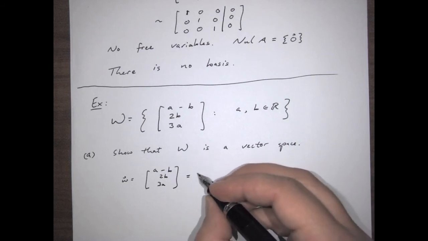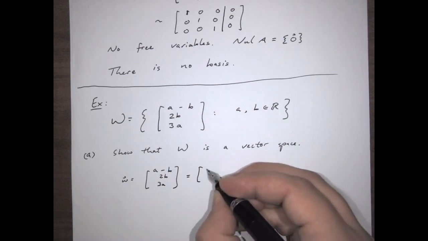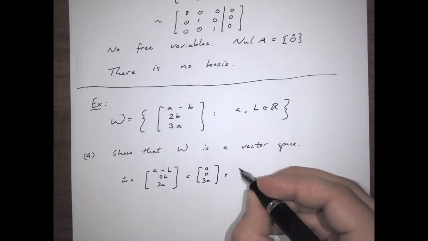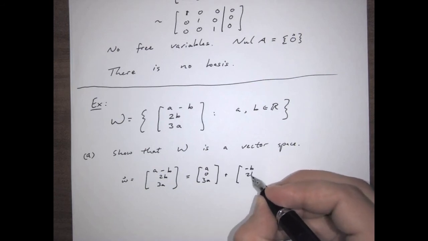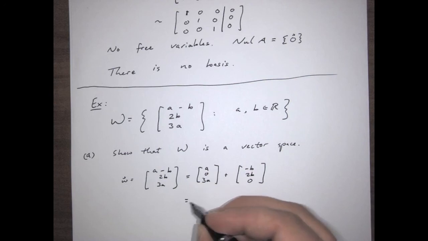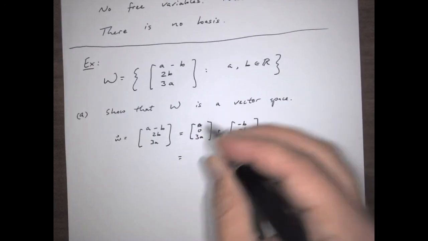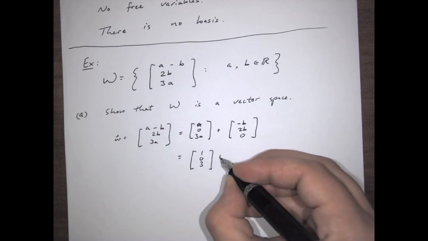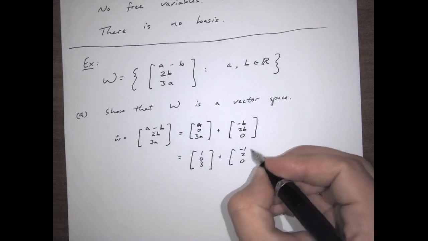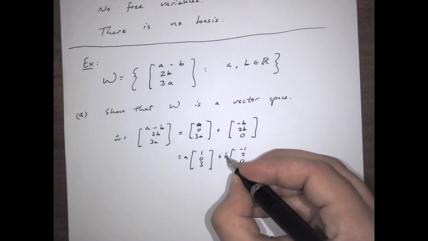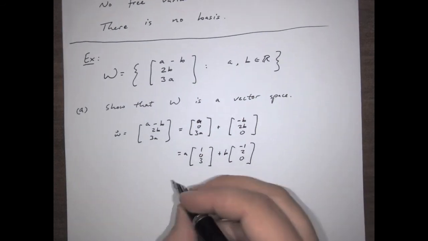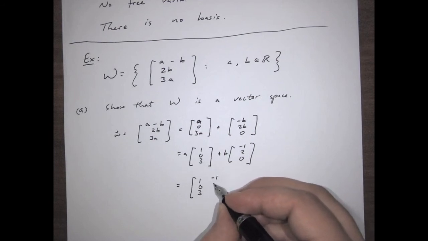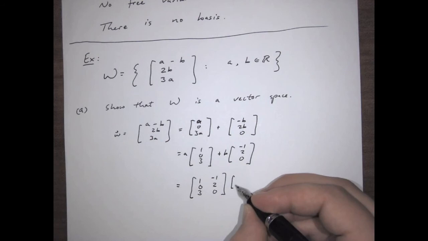But that's the same thing as saying A, 0, 3A plus negative B, 2B, and 0, which is the same as saying 1, 0, 3, negative 1, 2, 0, with an A in front of this one and a B in front of this one. Which means this is the same as the matrix with columns 1, 0, 3 and negative 1, 2, 0 times A, B.